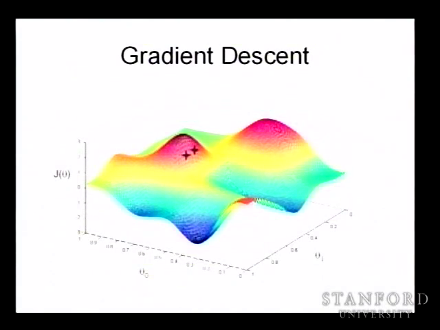If you run gradient descent from that point and take the steepest descent direction, that's your first step, and if you keep going, it turns out that with a slightly different initial starting point, you can end up at a completely different local optimum. This is a property of gradient descent we'll come back to in a second, but be aware that gradient descent can sometimes depend on where you initialize your parameters, theta 0 and theta 1.